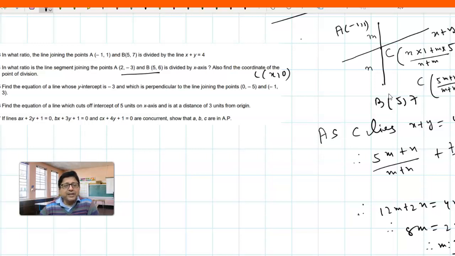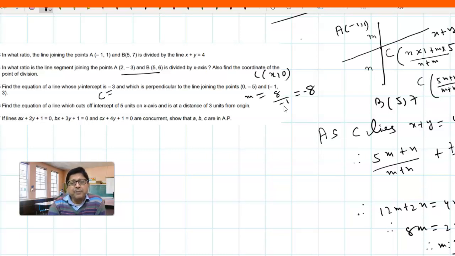Next question, find the equation of the line whose y-intercept is -3 and perpendicular to the line joining. This is very easy, already discussed when I was discussing theory with you, because the y-intercept means this is the value of c, and the slope you can get from here, y2 minus y1, that is 8 by -1 minus 8.